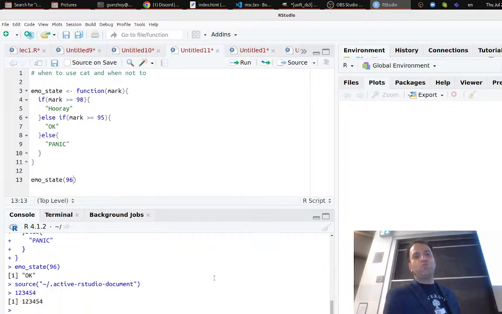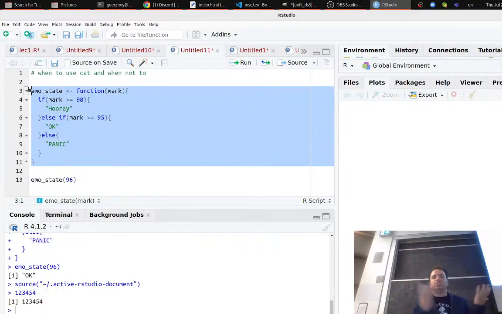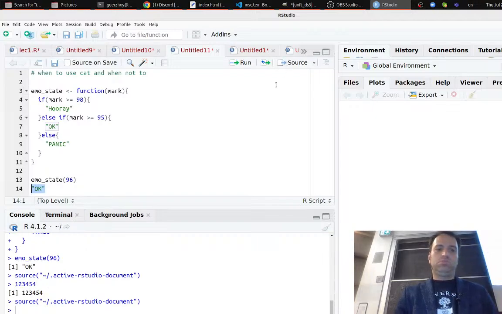When you're running a program, this doesn't print anything because you're just defining a function, you're not running it. Here, you are using the function emo state, but you're not telling the computer to print emo state of 96. You're just saying emo state of 96. That's the same as saying okay to R. It doesn't care, because you didn't tell it what to do. You just enter the value.